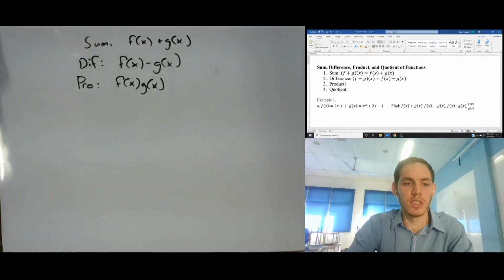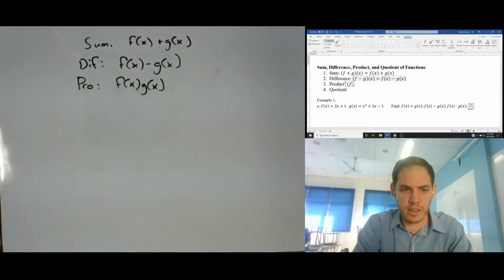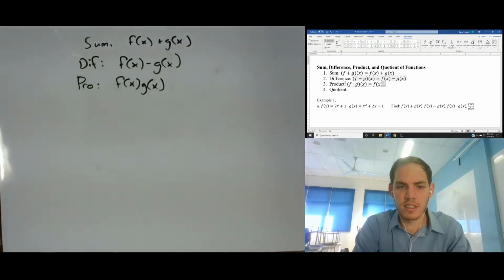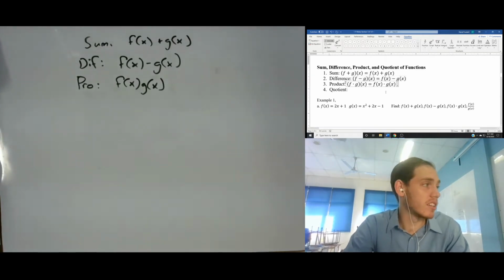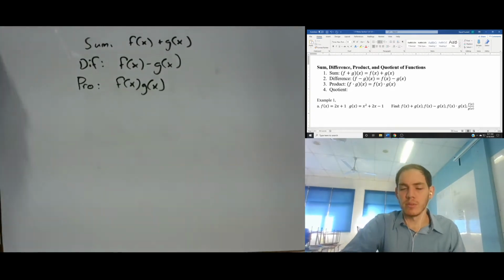This will look like f times g of x equals f of x times g of x. The reason we use this dot right here is because there's a different formula for what we're going to do later with composites.